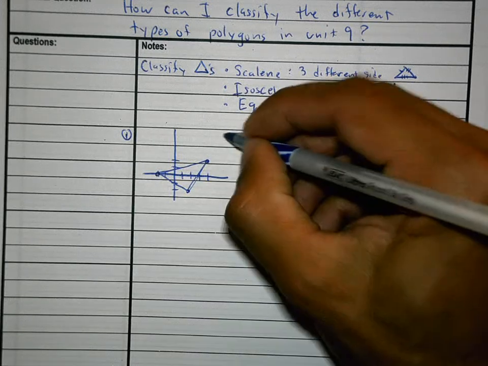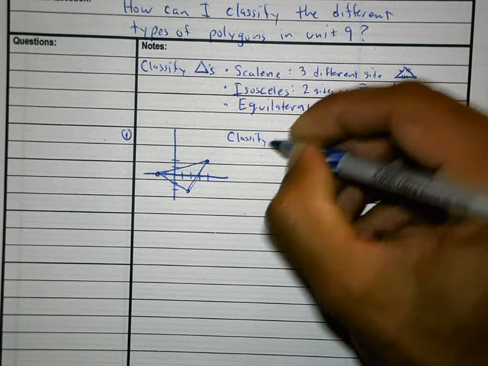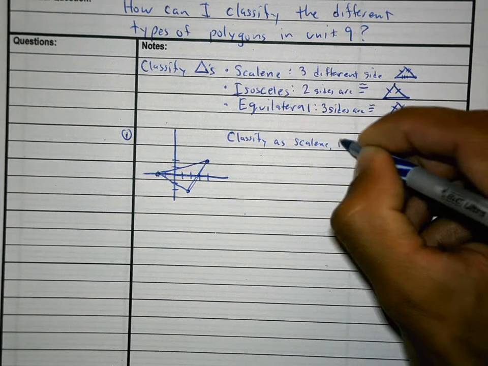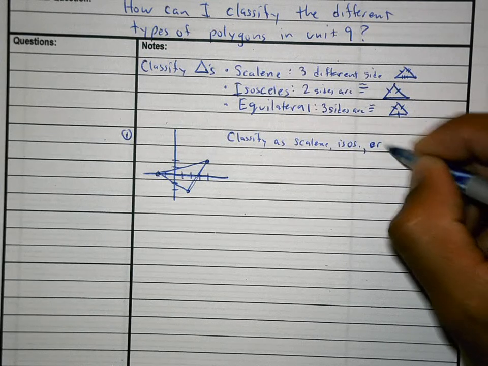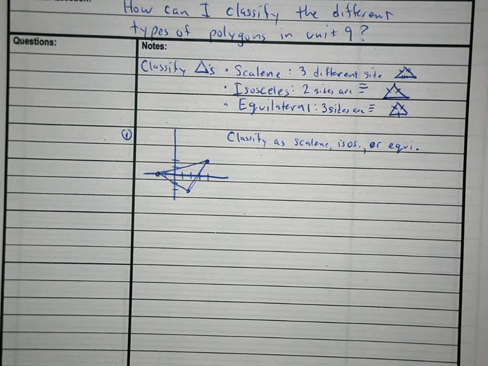The directions are going to say classify as scalene, isosceles, or equilateral.